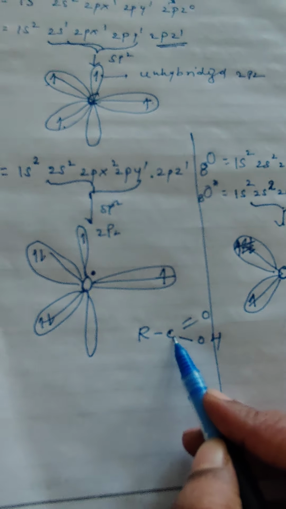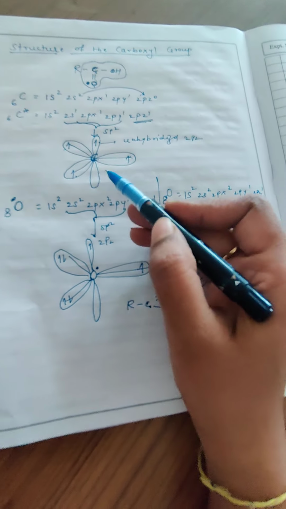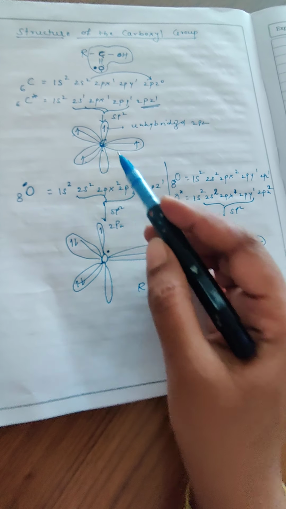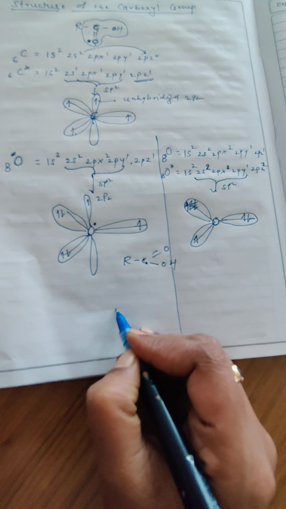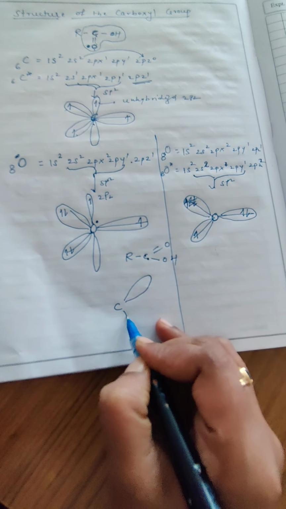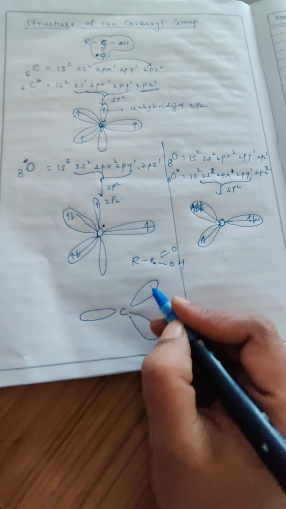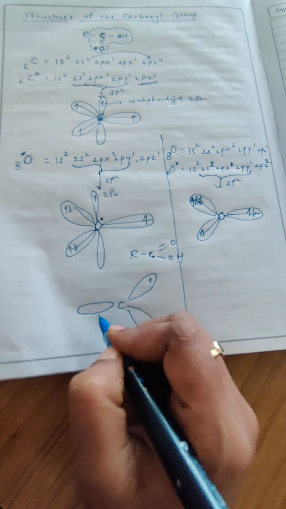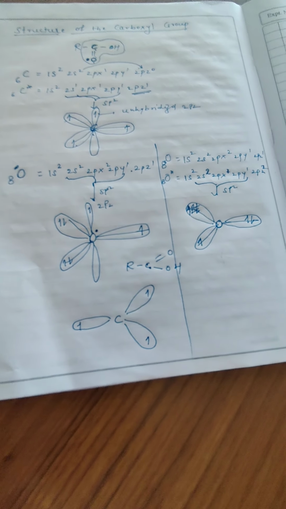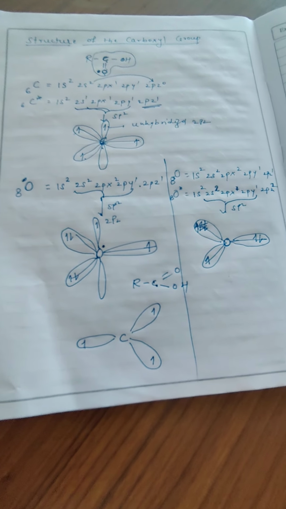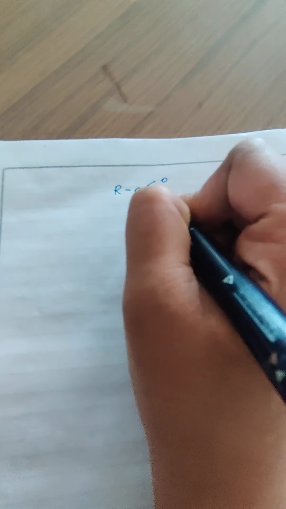So our carbon is here, so this is a carbon, with three lobes with one electron each. I am taking another, carbon, again I am writing carbon, this is a normal structure.